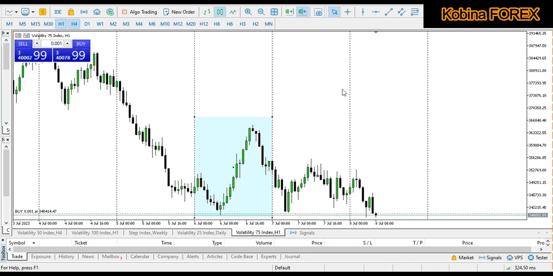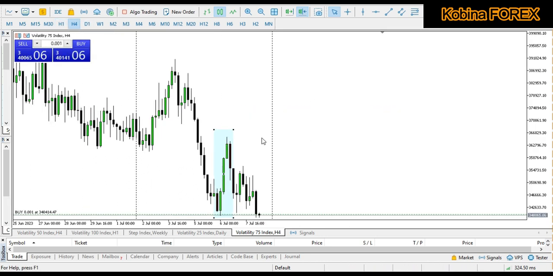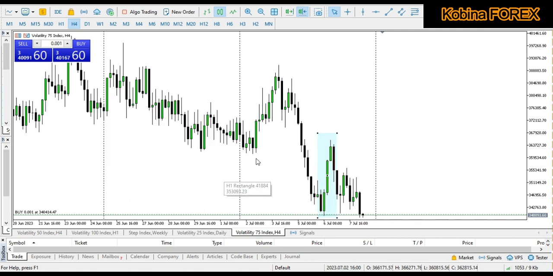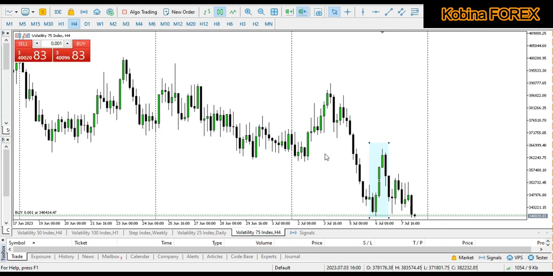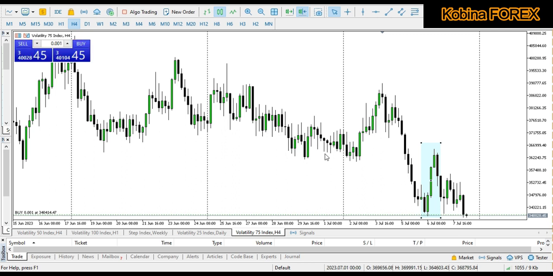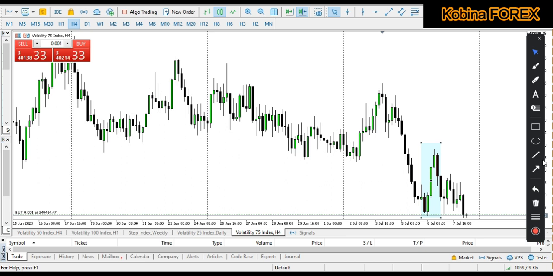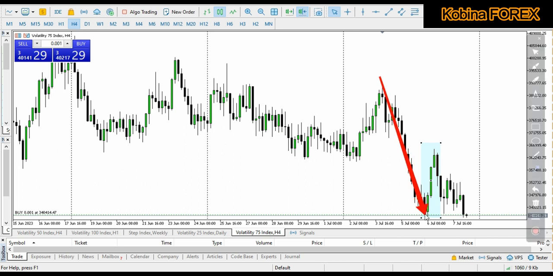2 days ago, prior to the trade that I took, there was a particular reason. What was the reason? We saw price descending all the way from this side, and it came down towards this area.